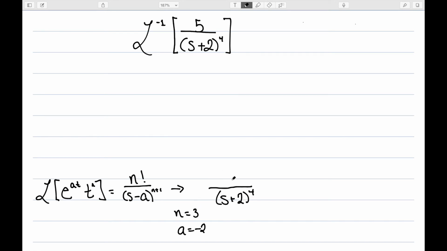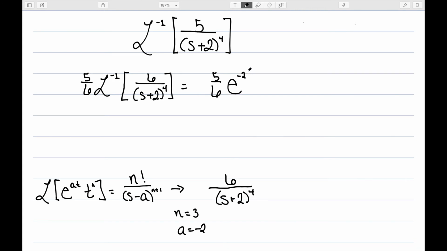However, if n is equal to 3, our numerator is 6. So instead, I'm going to write this as 5 over 6 times the inverse transform of 6 over s plus 2 to the 4th, so that it lines up with what we have down here. That would then give us 5/6 e to the at, which is negative 2, so e to the negative 2t, t to the n, which is 3. So we have 5/6 e to the minus 2t, t cubed.